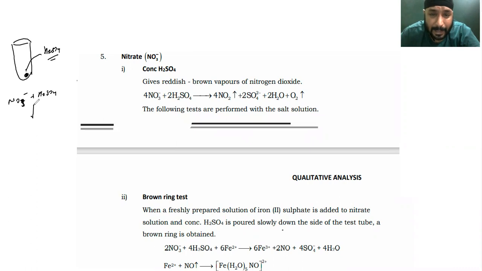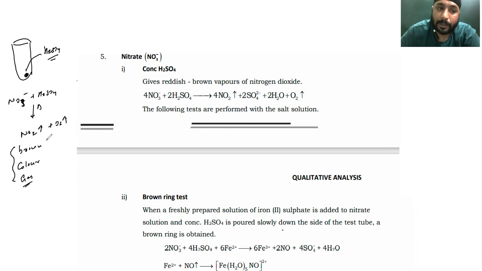This reacts to form HNO3, and on heating this HNO3 will get decomposed to form NO2 gas and oxygen gas. Now understand that NO2 is actually a brown color gas. This gas is different from bromine gas because in bromine there is a reddish tinge inside the brown vapors. So it is completely brown color gas, right?